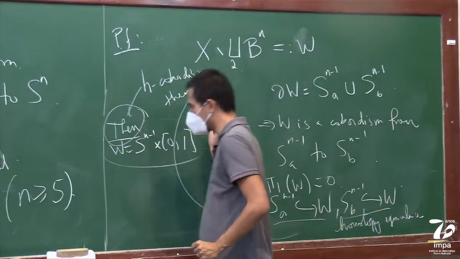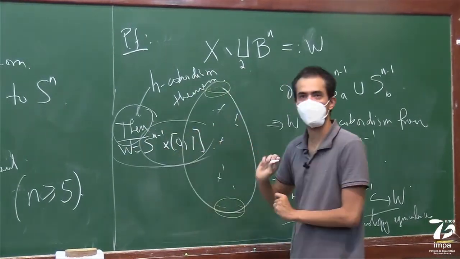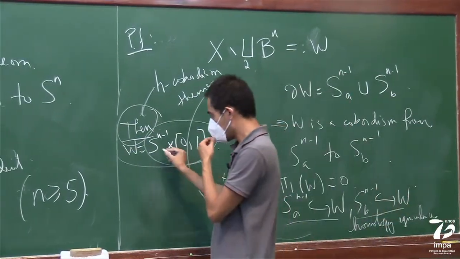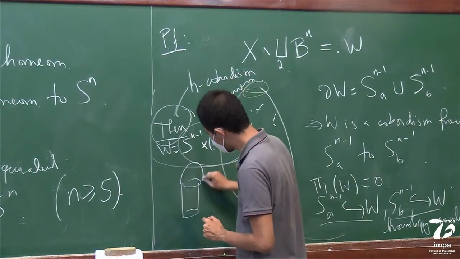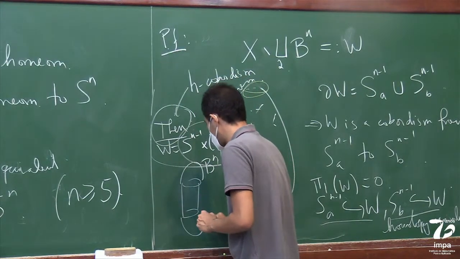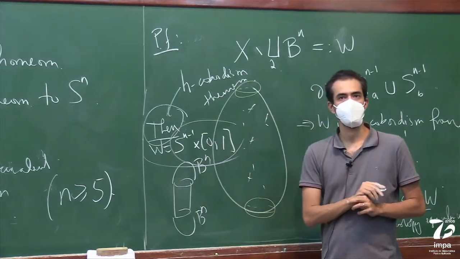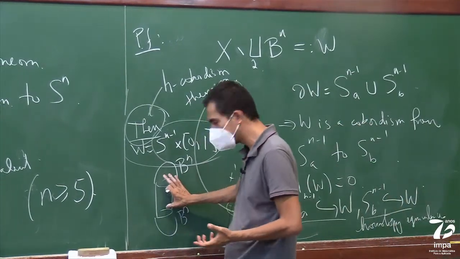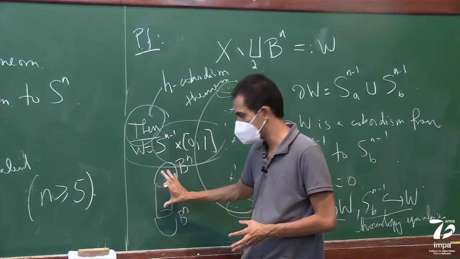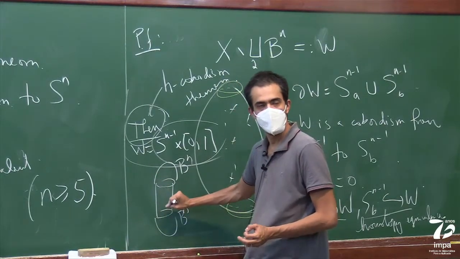But once you have this H-cobordism theorem, that means that your W is this. So what is X? X will be this product, but then you have a ball Bn on top, and you have a Bn on the bottom. So basically you can shrink this cylinder to just a sphere.